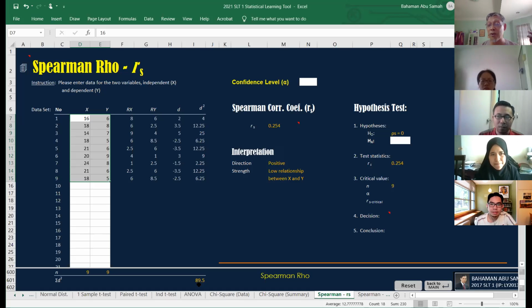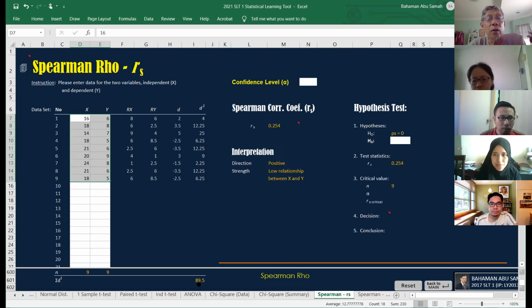Once I upload the new version, which I put as version 2021, you can try to copy and paste into the new SLT version, and it should work. Okay, so just to highlight the improved version of SLT1.